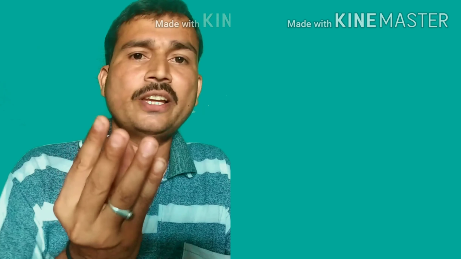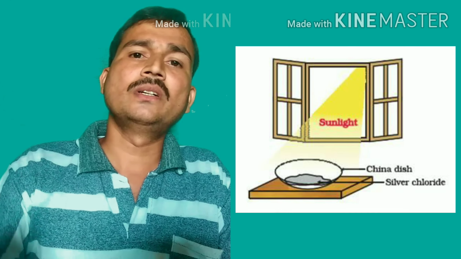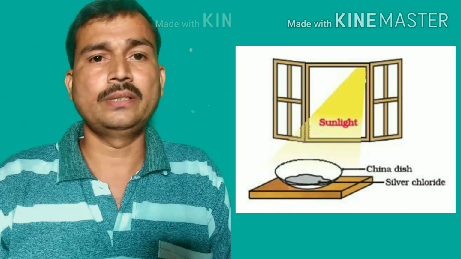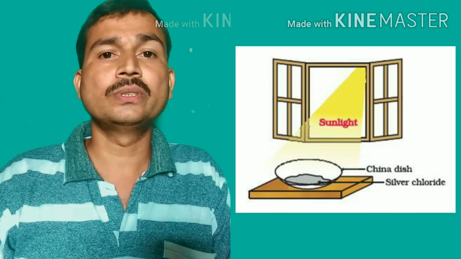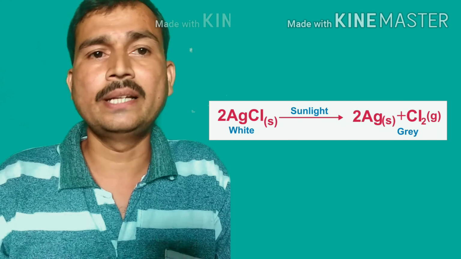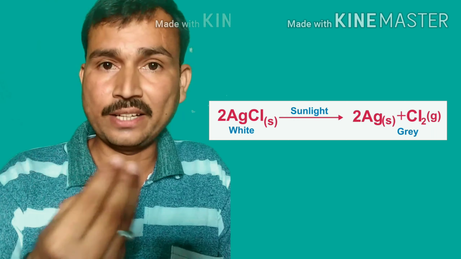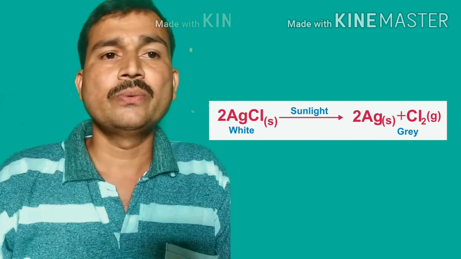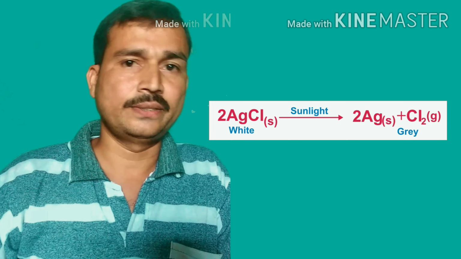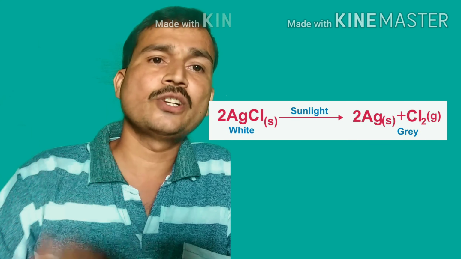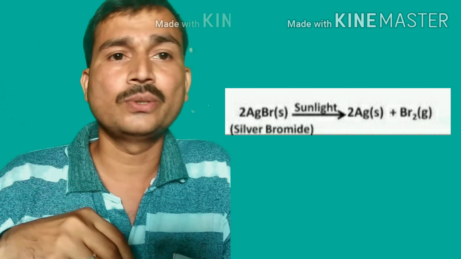Take a china dish, keep 2 grams of silver chloride in it and just expose it to sunlight for a few minutes. The white silver chloride turns into gray color after some time. It is by exposing it to sunlight. Another one, you can take the compound silver bromide in place of silver chloride, students.